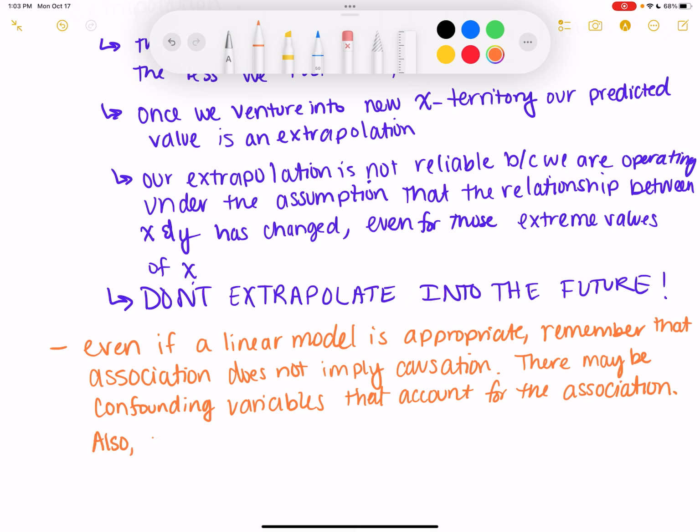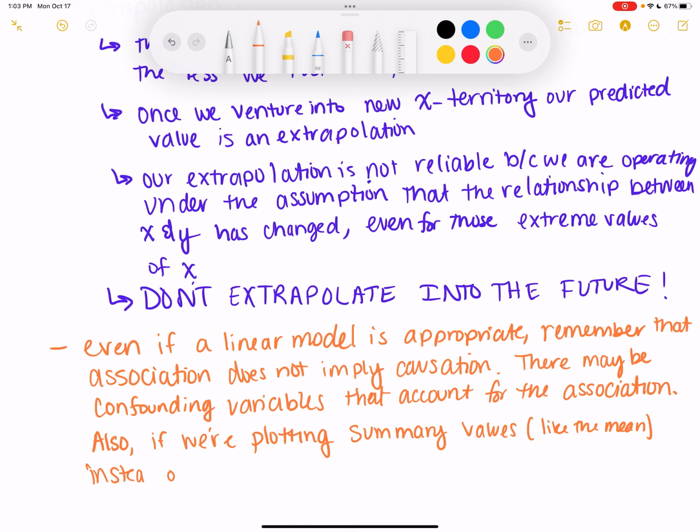Also, if we're plotting summary values like the mean, instead of individual values, the association may appear stronger than it really is.